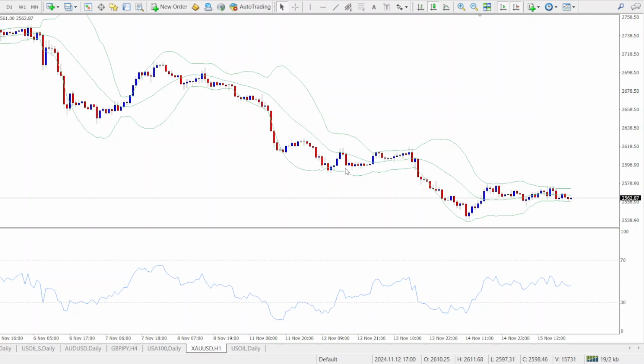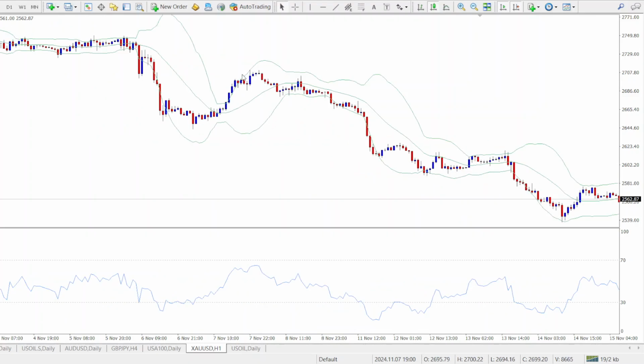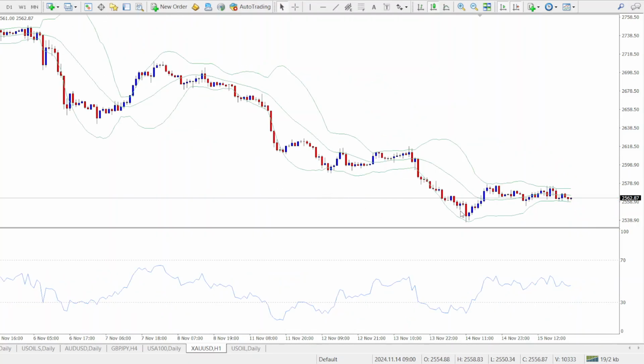For example, if the price touches the upper Bollinger Band and you have the RSI above 70, it could signal overbought conditions, potentially a reversal. On the other hand, if the price hits the lower Bollinger Band and you have the RSI value below 30, it might indicate oversold conditions and a possible buying opportunity.